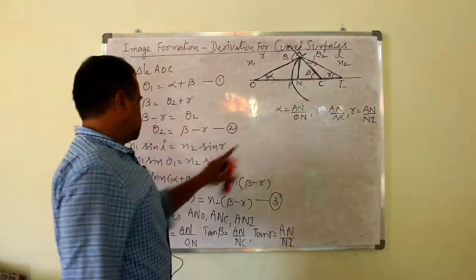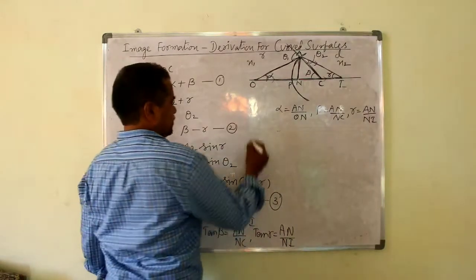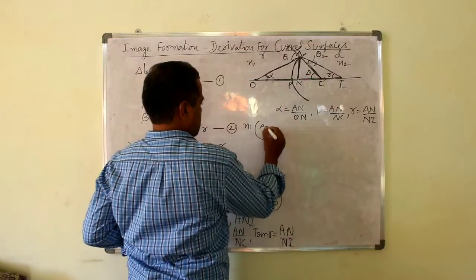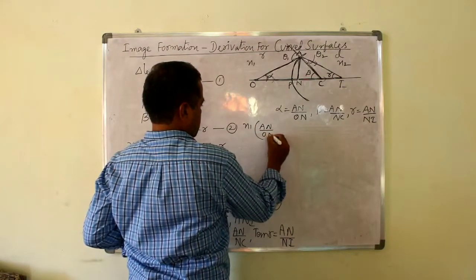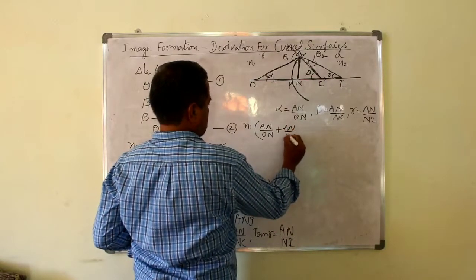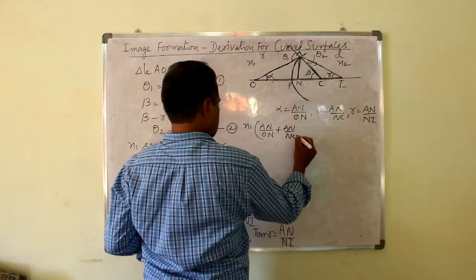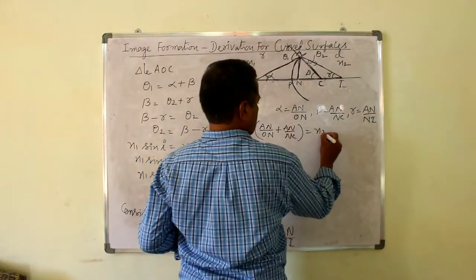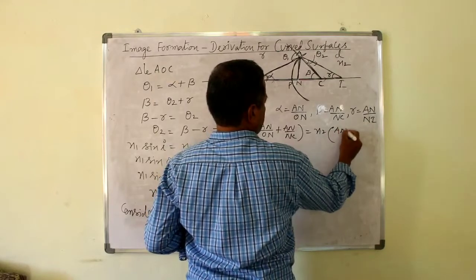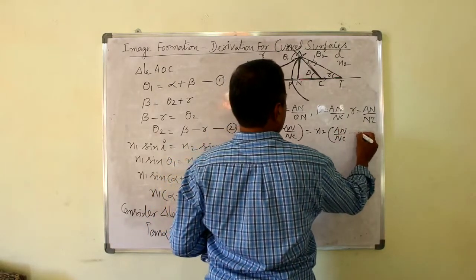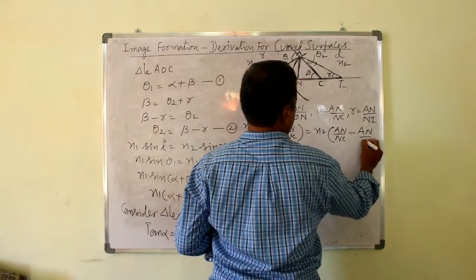Substitute all these values in equation 3. We get n1 into (AN by ON plus AN by NC) is equal to n2 into (AN by NC minus AN by NI).